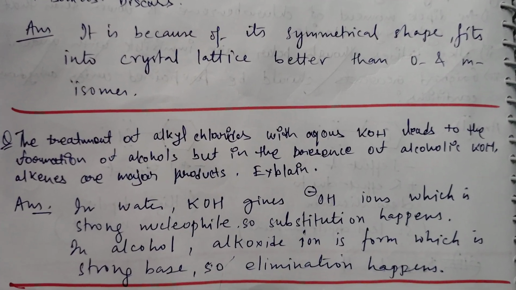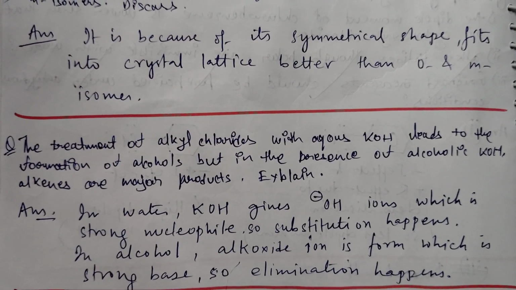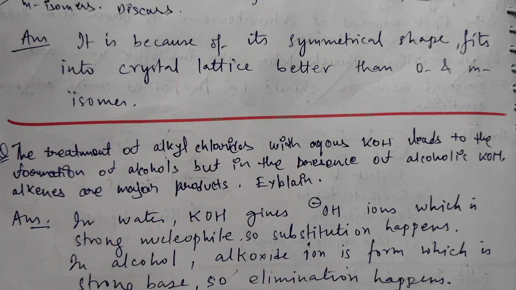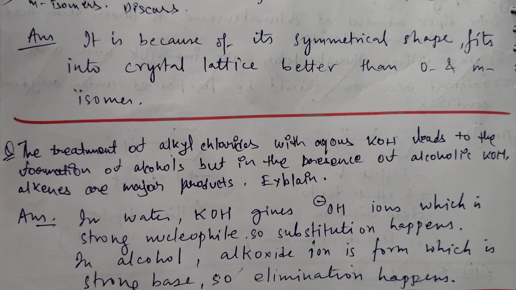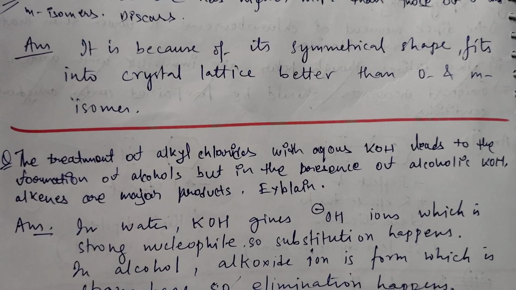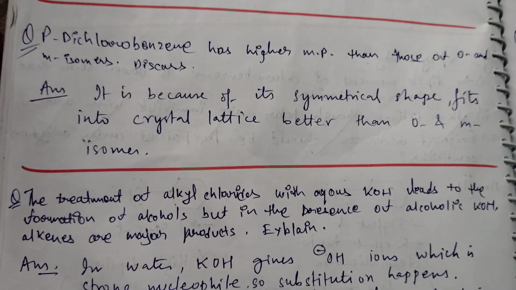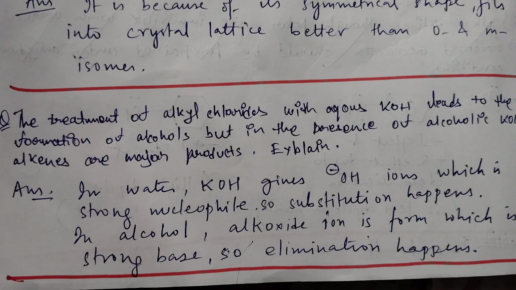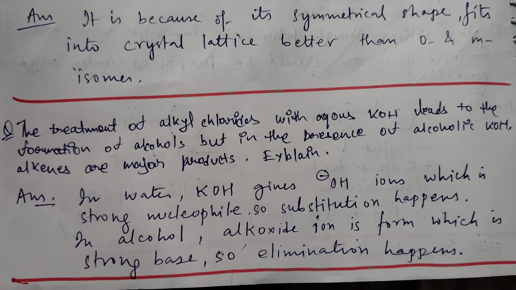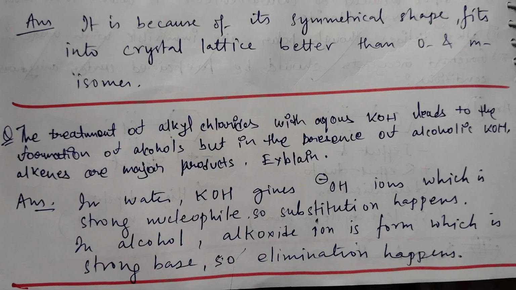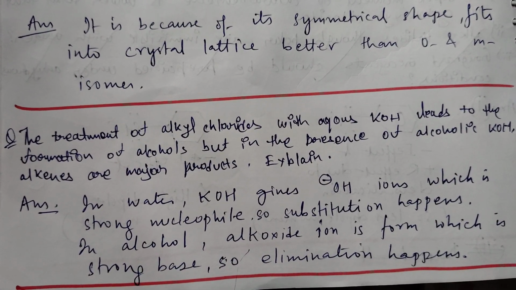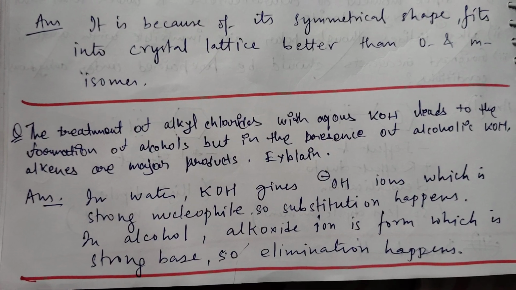Next question. The treatment of alkyl chlorides with aqueous KOH leads to the formation of alcohols, but in the presence of alcoholic KOH, alkenes are formed. So the answer is, in water, KOH gives OH- ions, which are a very good nucleophile, and substitution happens.